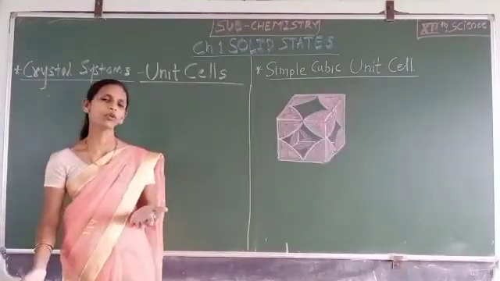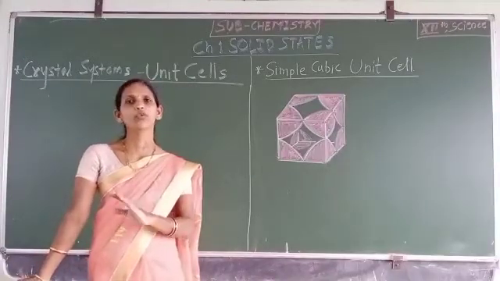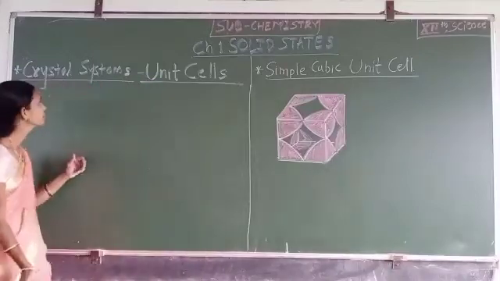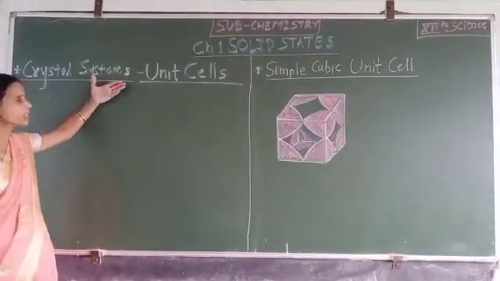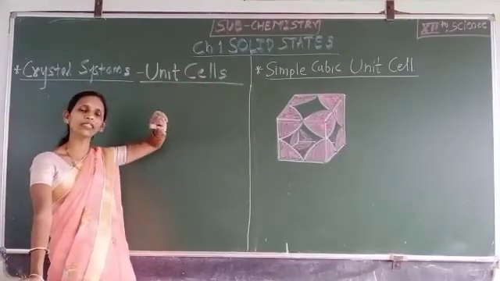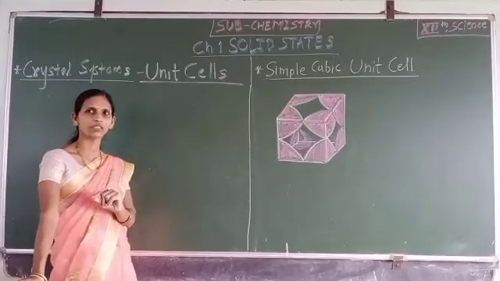We will study those unit cells in detail one by one. First of all, we have to discuss the crystal systems and the unit cells present in that crystalline substance.